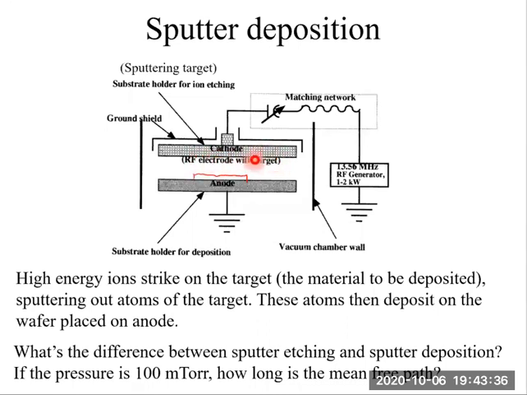Then the wafer will be bombarded by high energy ions. Sputter etching occurs on the cathode. For sputter deposition, the wafer is placed on the anode. The sputter target is placed on the cathode.